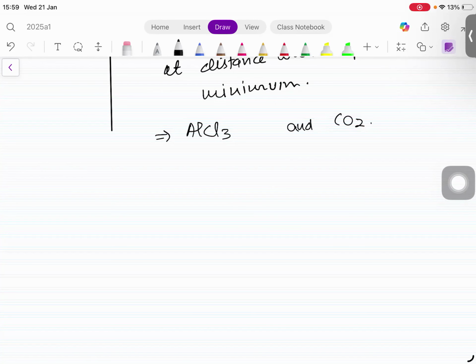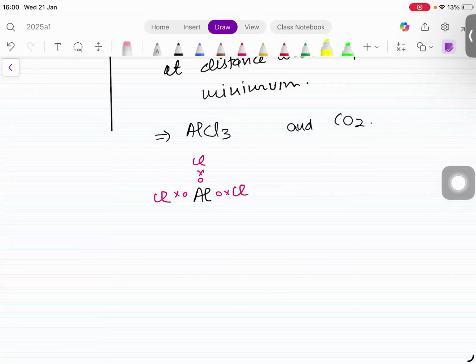First of all, we need to have the dot and cross diagrams. Aluminum is the central atom. There are three chlorines attached to it, like this.